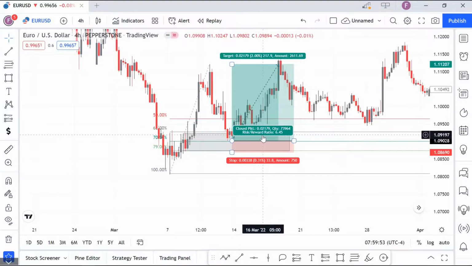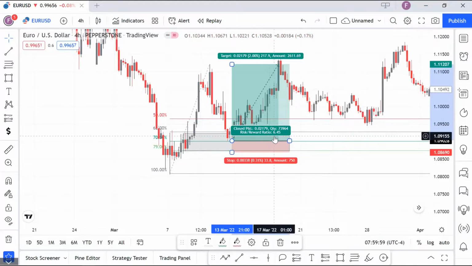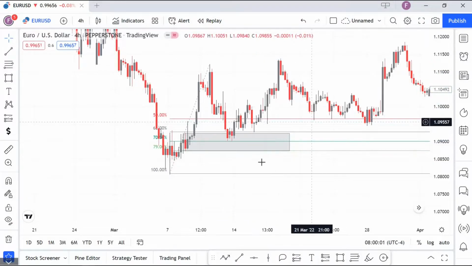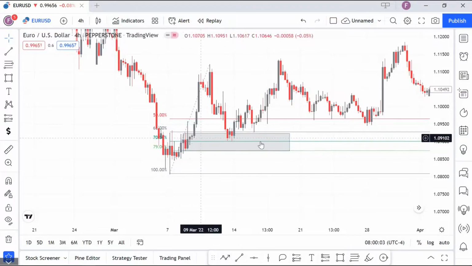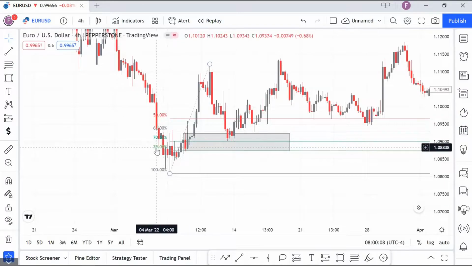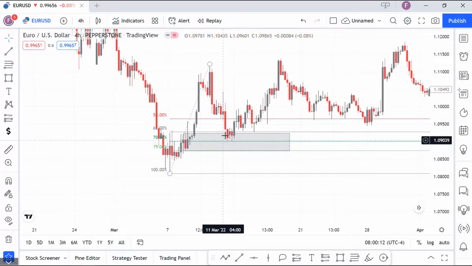So this is a 1 to 6 RR trade, which is a very good trade. You see, that's a 1 to 6 RR trade. So this is a bullish order block being respected. Then that bullish order block is within the optimal trade area that we had already identified while we were setting up the FIB tool.